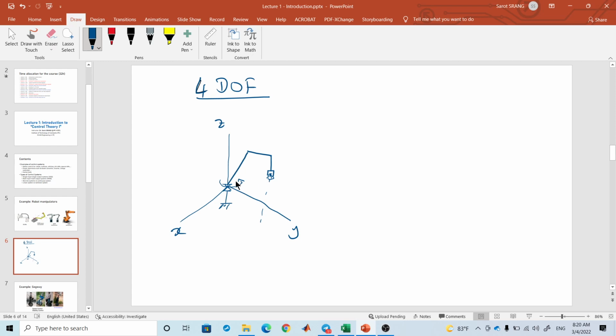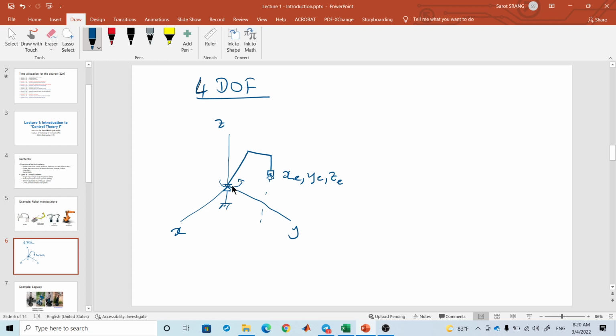Based on the geometry, you know the coordinates of the end effector, for example XE, YE, ZE.